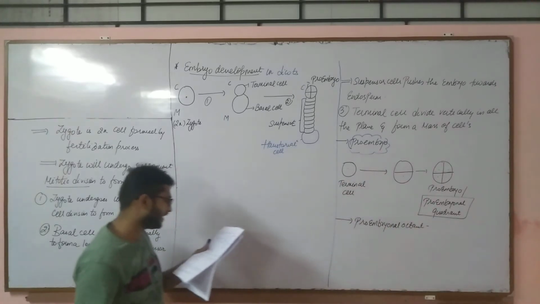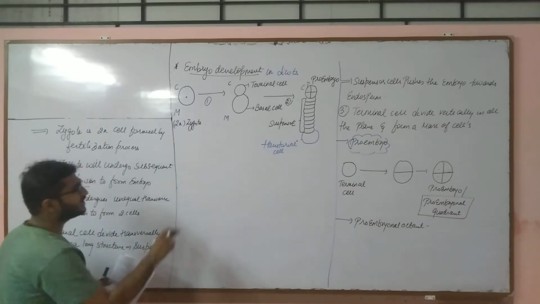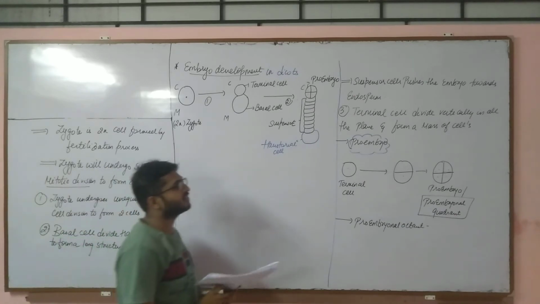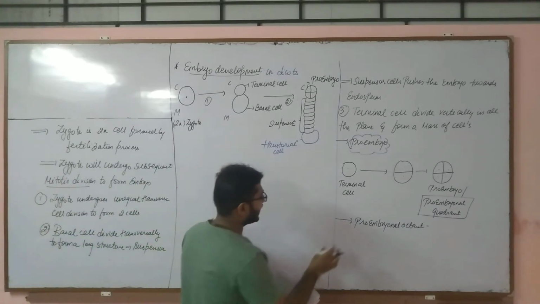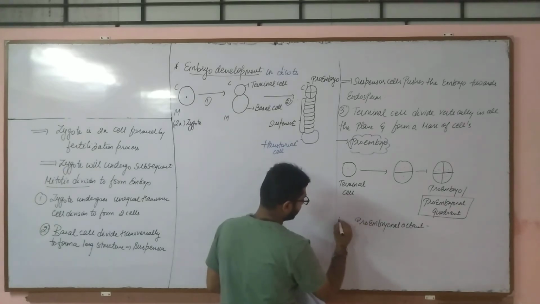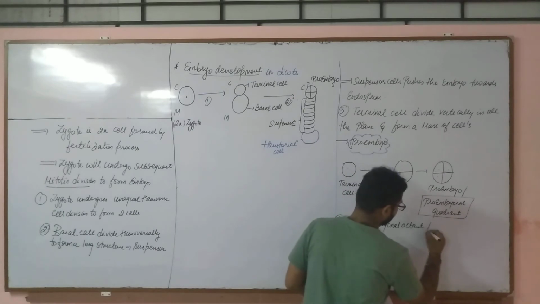That is, a group of 8 cells is produced. So this is the third step, the formation of the pro-embryonal quadrant, and the fourth step is pro-embryonal octet formation.